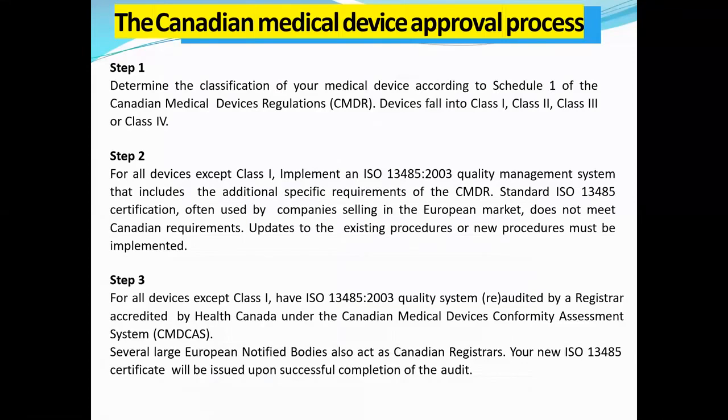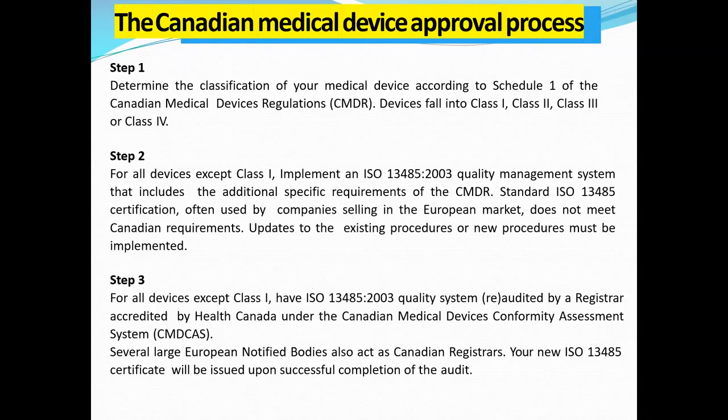For all devices except class 1, implement an ISO 13485:2016 quality management system. That includes the additional specific requirements of the CMDR and standard ISO 13485. Always use the standards of the current year.